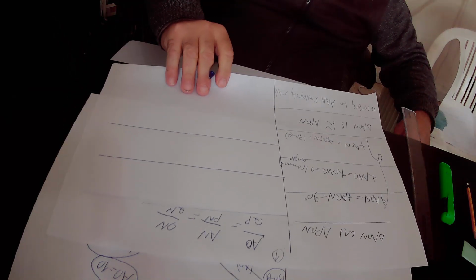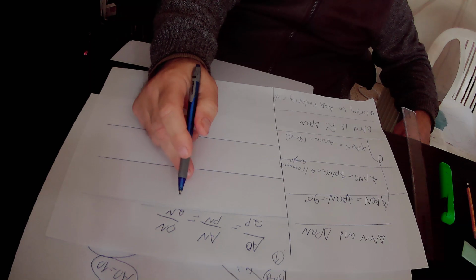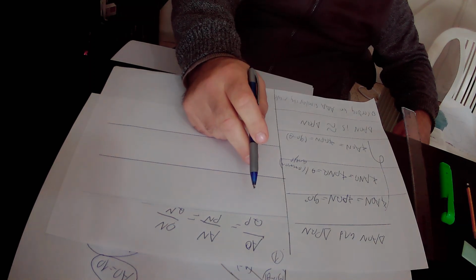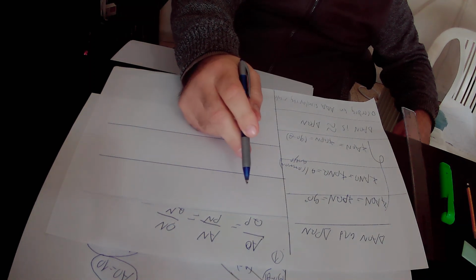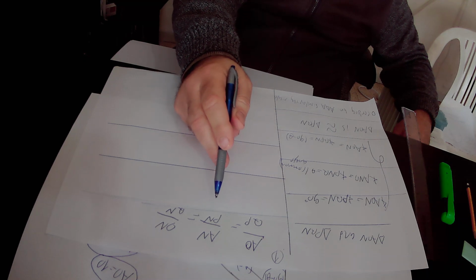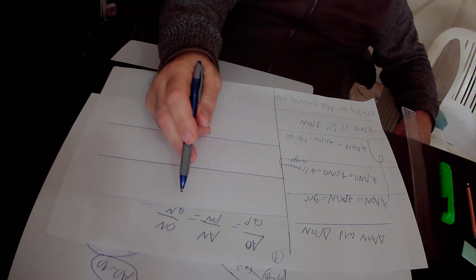So in total, AO over QP equals AN over PN equals ON over QN.